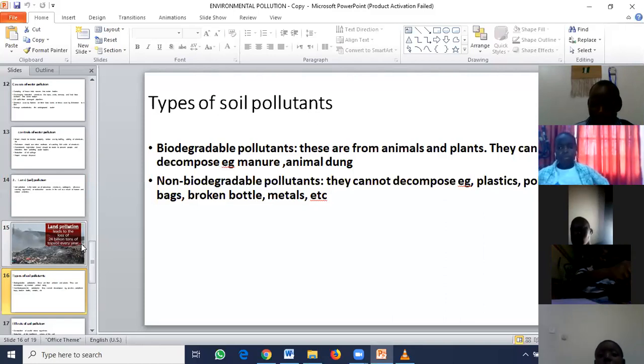Animal waste, animal dumps, even our notebooks and papers, they can decompose. But the ones that cannot decompose are called non-biodegradable. Plastic, nylon bags, polythene bags, broken bottles, metals, they cannot decompose. Okay, next slide. Is everybody done with types of pollutants?